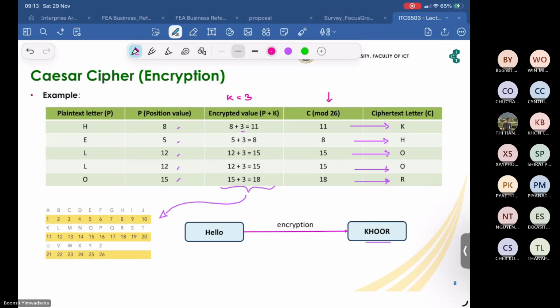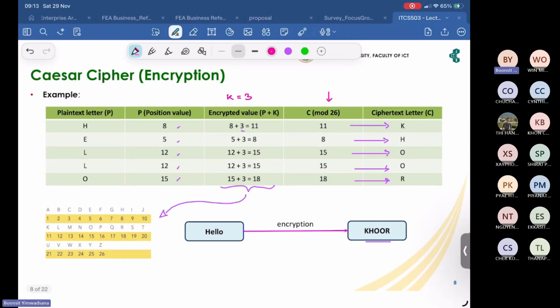The mod function is used to find the remainder between the number and 26. And so finally, we will get the ciphertext letter. In this case, the word hello is now encrypted to become the word KHOOR. Since this is not in the dictionary, basically no one except the final recipient would be able to understand this.